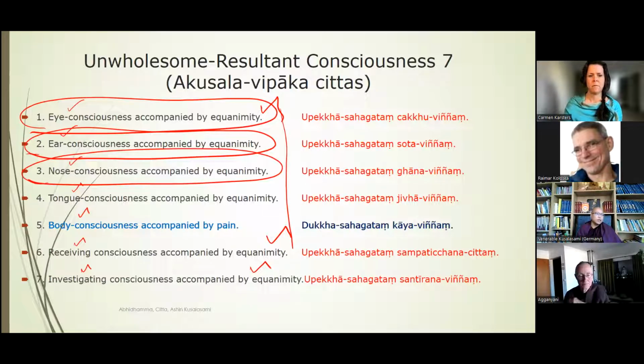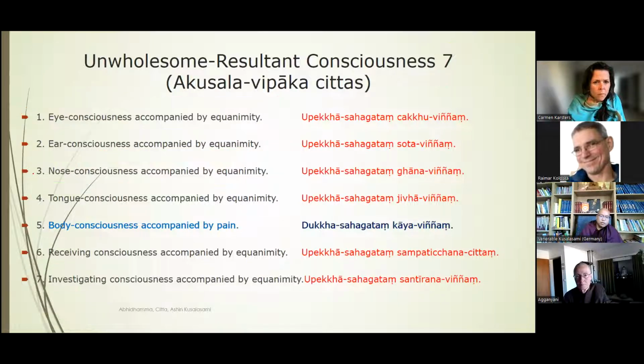If we say cetasikas, 12 unwholesome consciousnesses, because of these 12 unwholesome consciousnesses, we have these 7 consciousnesses. It's just a resultant. So, for example, if we hear something unpleasant and undesirable, it cannot stop here. This is a continuation of that.